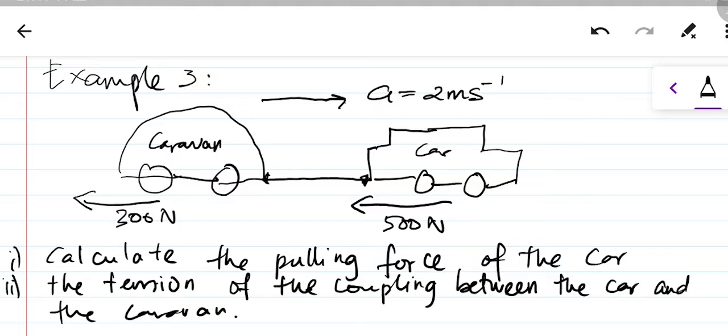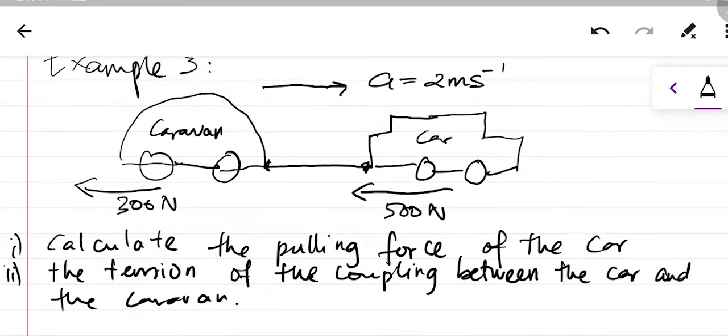Let's say we have this kind of situation. The car is moving in this direction since friction goes in the other direction. This is friction. So now we need to calculate the pulling force of the car.